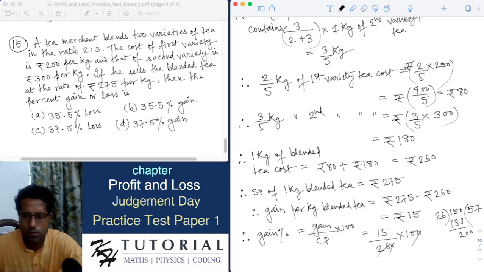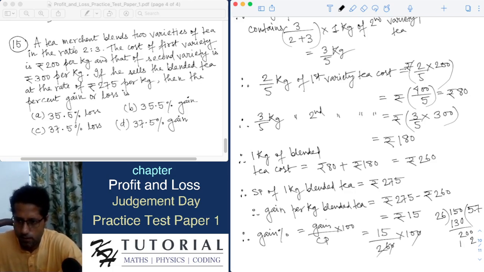It is not matching at all. Let me see. Okay, so 5.7.